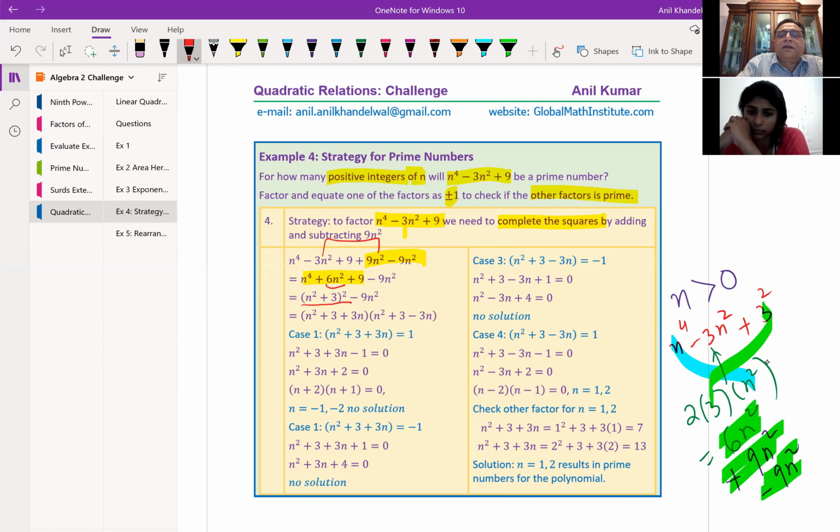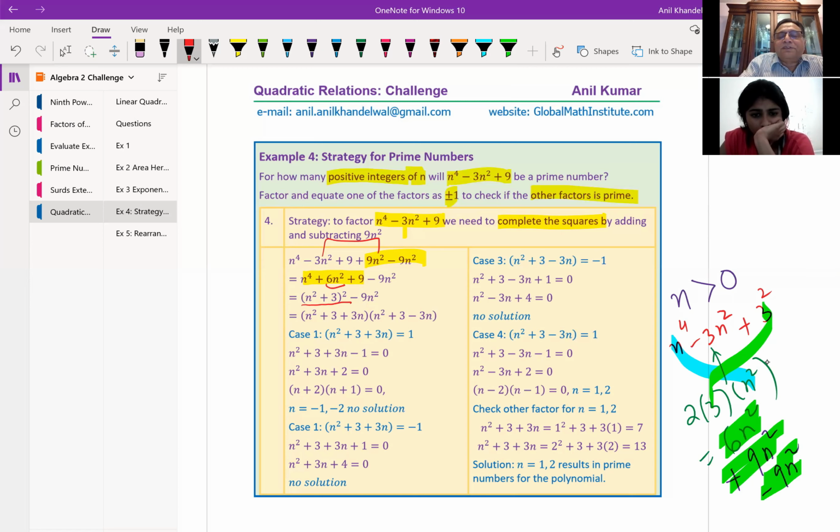I can write that trinomial as n squared plus 3, whole squared. Correct? You can expand and check: n to the power of 4, twice this will be 6n squared, and square of 3 is 9. So it really works, correct? And minus 9n squared is the left out term.